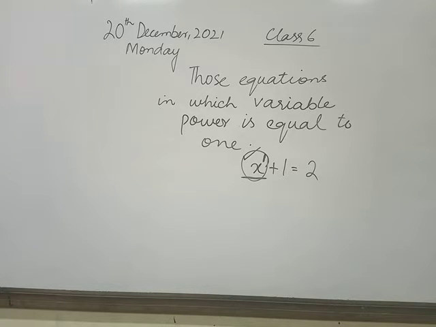Linear means 1. So class, we have discussed in our previous lesson case number 4. In this lesson we have discussed case number 5. I am going to write and you have to look very carefully.